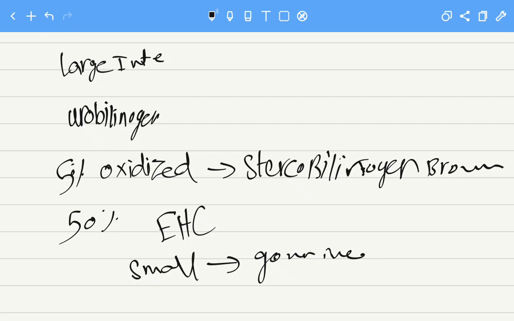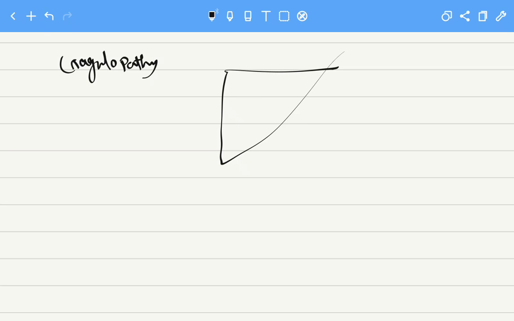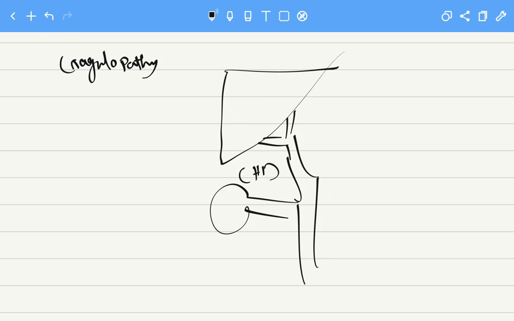Okay, can you tell me why there is coagulopathy in obstructive jaundice? Coagulopathy is due to two reasons. As we said, this is the liver and this is the right and left hepatic duct. This is the common hepatic duct. This is the cystic duct. This is the common bile duct.